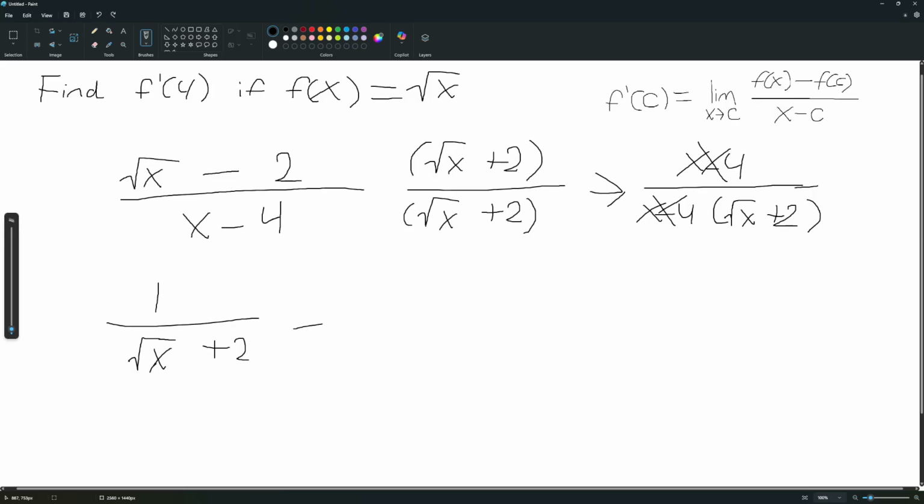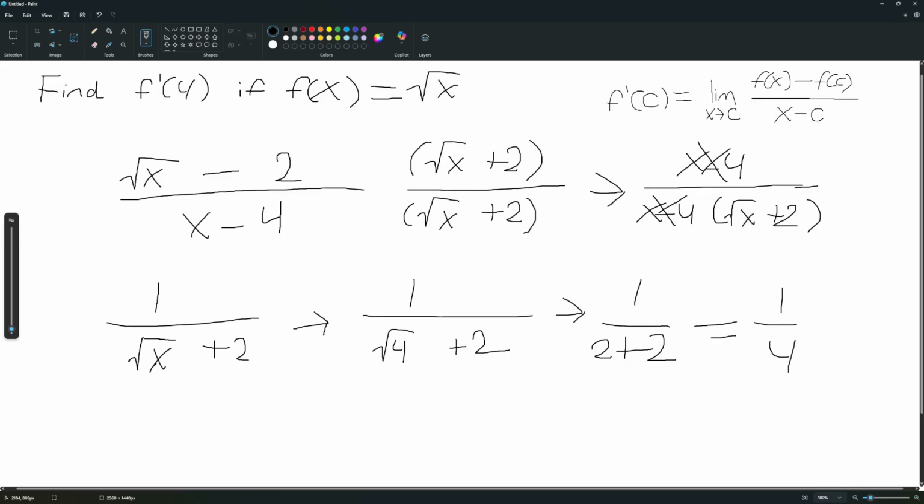So once we get here, we must plug in 4. So we have rad 4 plus 2. This simplifies to 1 over 2 plus 2, which is 1 over 4.